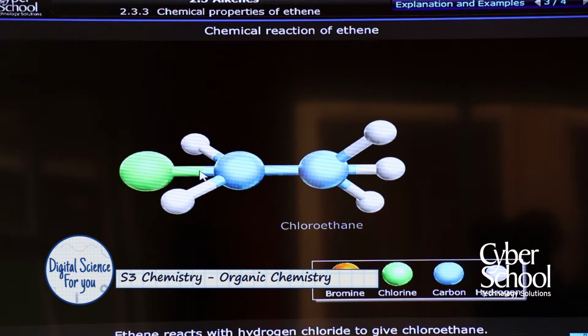And this compound, since it has two carbon atoms, we call ethane. But it has also got a chlorine atom, therefore we call it chloroethane. What does it mean? It means a chlorine atom joined to an ethane structure.